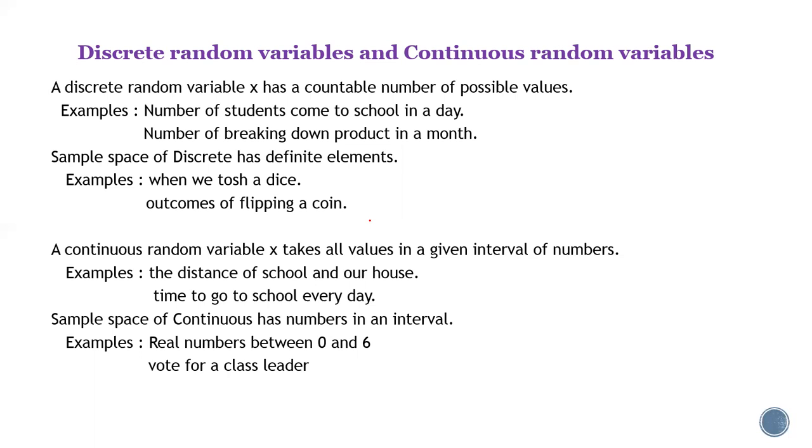And how about the sample space? Sample space of continuous random variables has numbers in an interval, right? So if sample space of discrete has definite elements, sample space of continuous has numbers in an interval. For example, real numbers between 0 and 6. Okay, so the interval is 0 and 6. Vote for a class leader. Yeah, those are examples of continuous random variables.